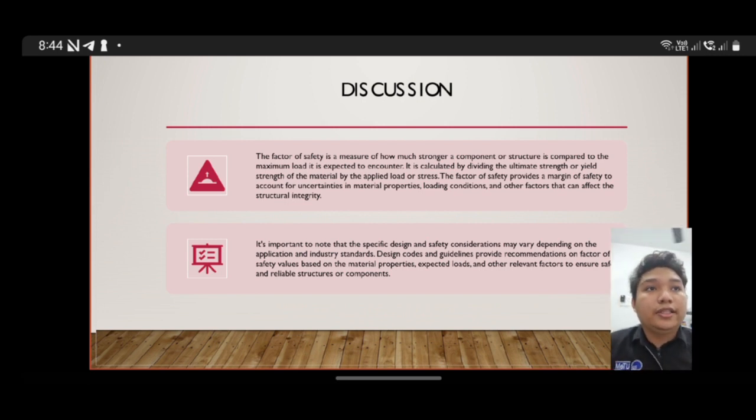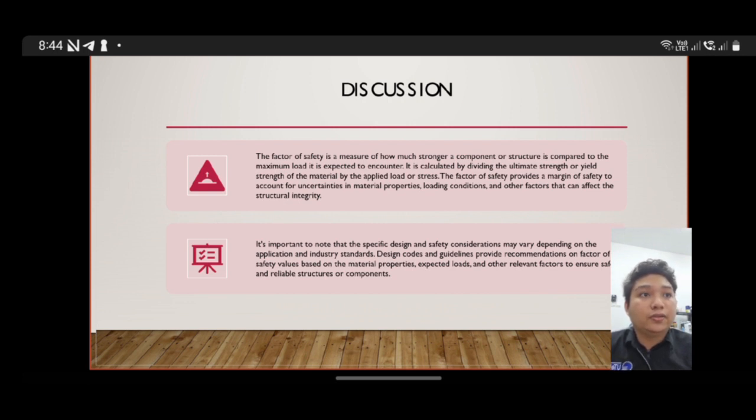In this page we have the discussion. The first discussion is that the factor of safety is a measure of how much stronger a component or structure is compared to the maximum load it is expected to encounter. It is calculated by dividing the ultimate strength or yield strength of the material by the applied load or stress. The factor of safety provides a margin of safety to account for uncertainties in material properties, loading conditions, and other factors that can affect the structural integrity.